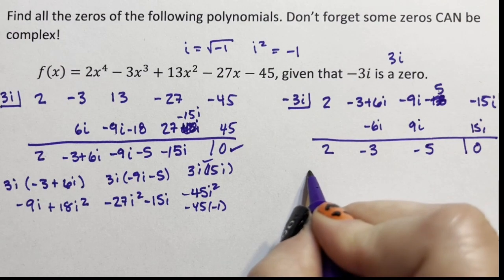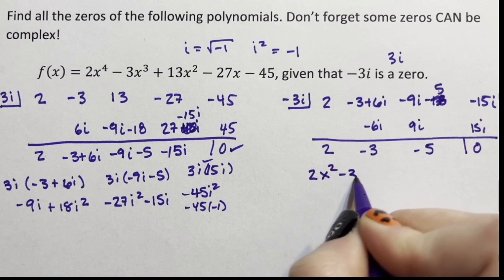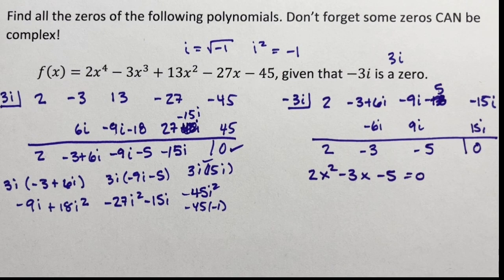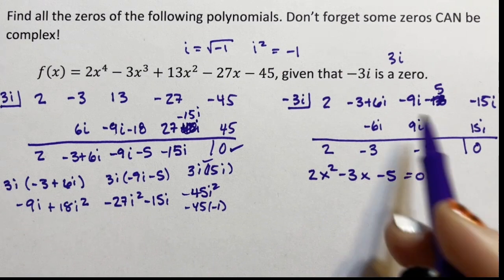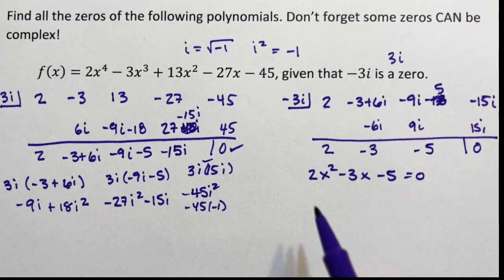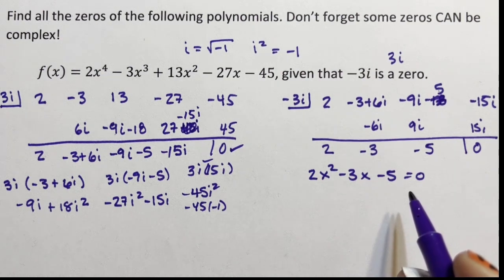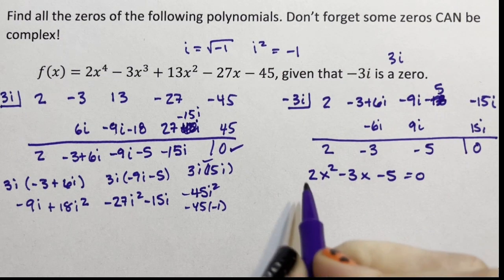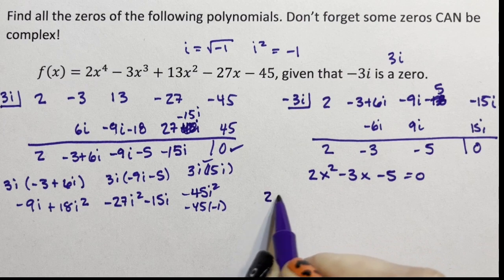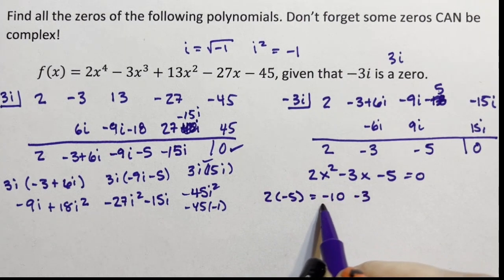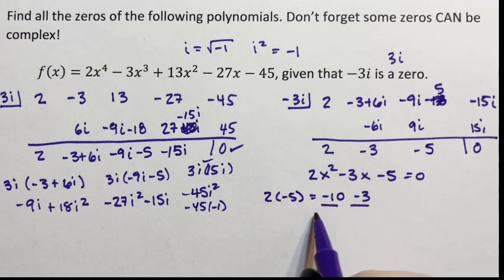So then we have 2x squared minus 3x minus 5. All of the imaginary bits have gone away. All of the complex parts. We are left with a trinomial we can factor. I'm going to factor it with AC. So 2 times -5 is -10, and we need two numbers that multiply to -10 and add up to -3.